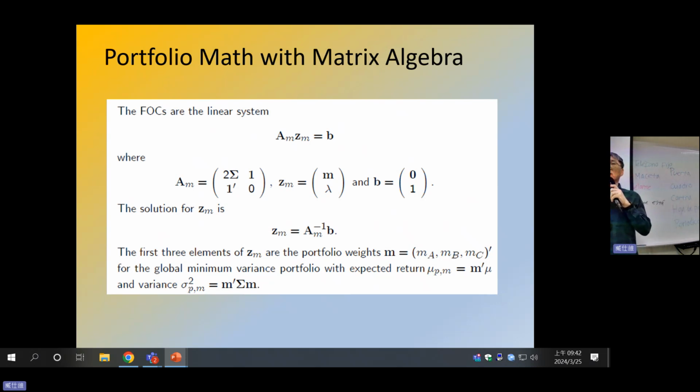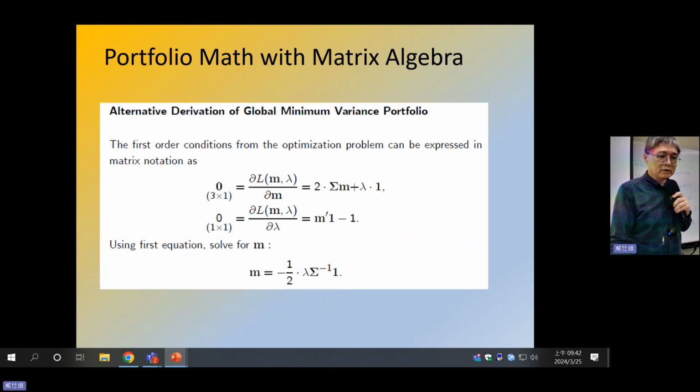That involves a back testing process. So here we can just calculate the portfolio expected return mu P, which equals m transpose times mu, and variance sigma P squared equals m transpose sigma m. So this is very easy and not that difficult.